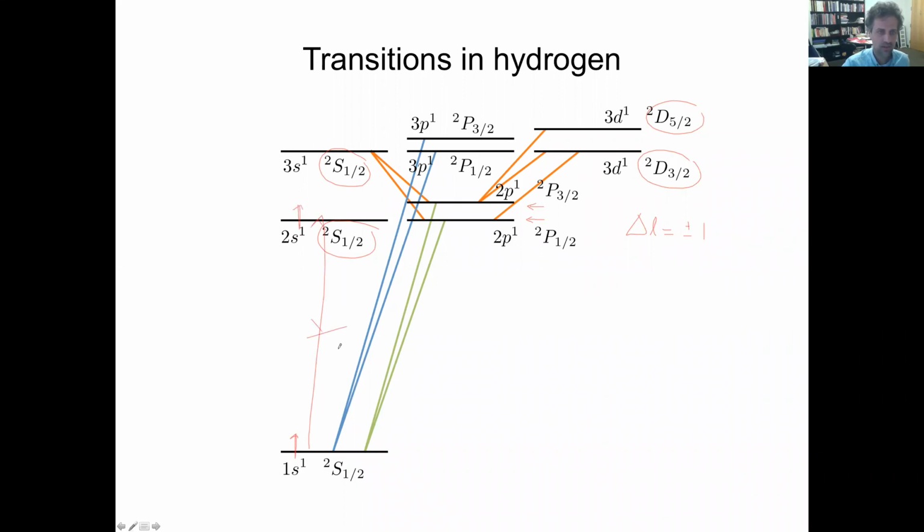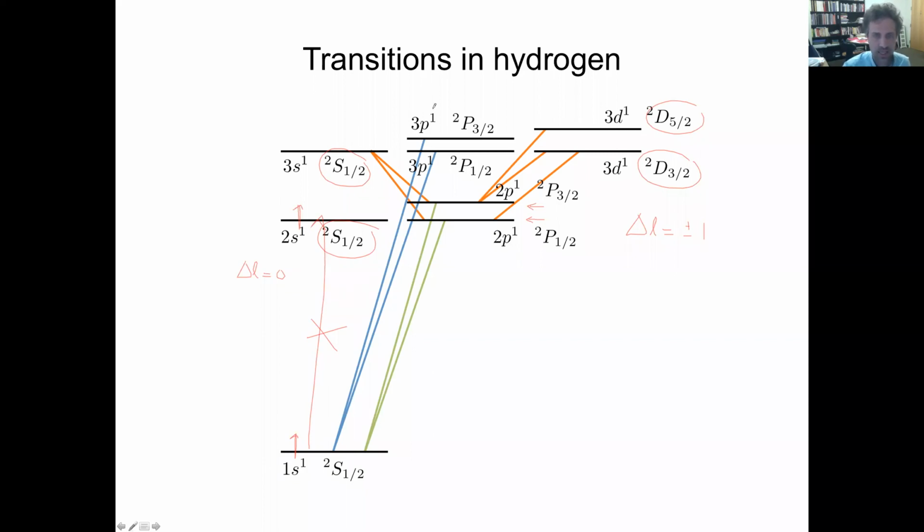This is not allowed, because if I do that, then delta L is going to be 0. It's allowed, but not for a photon transition, because it must have plus or minus 1. So you cannot drive an electron that sits in the ground state to the 2s state with the help of light. That doesn't work.